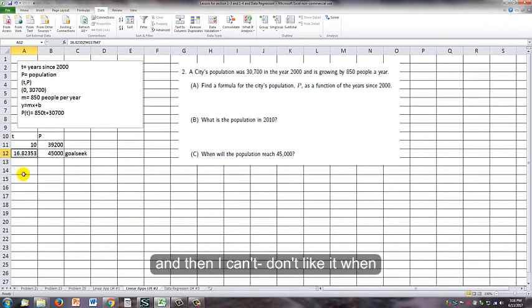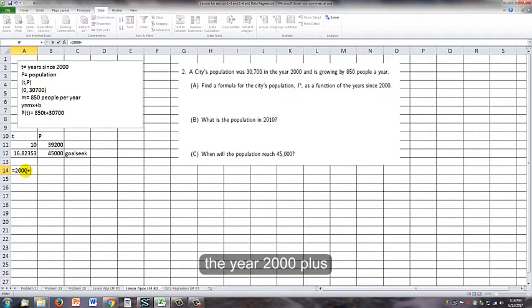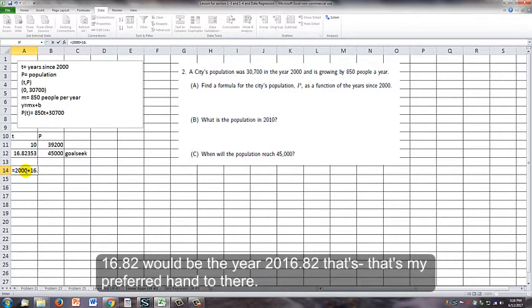And then I don't like it when people say that the answer is 16.82 years after 2000. I would really like it when people do the math. So the year 2000 plus 16.82 would be the year 2016.82. That's my preferred answer there.